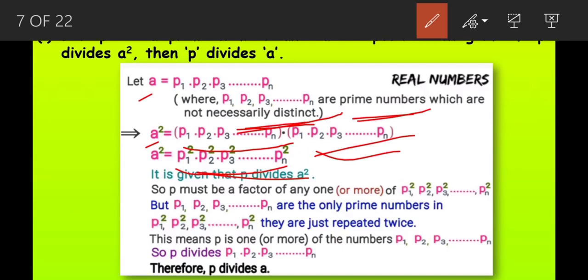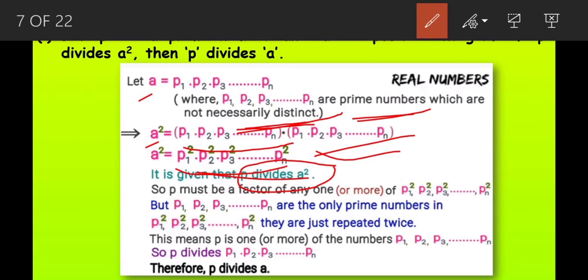Now what are we saying? It is given that p divides a square. P divides a square means p is a factor of a square.